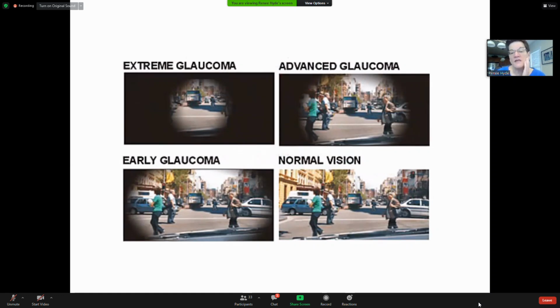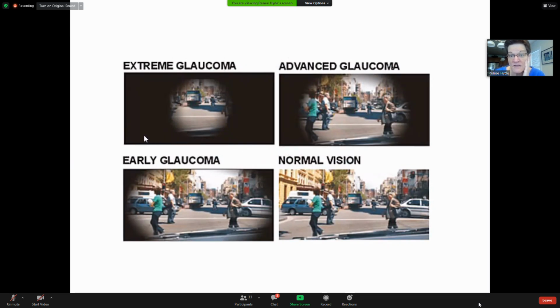Here you can see at the bottom right that normal vision, and as this patient's developing glaucoma, he gets peripheral field cuts. And as it advances, that field cut increases.